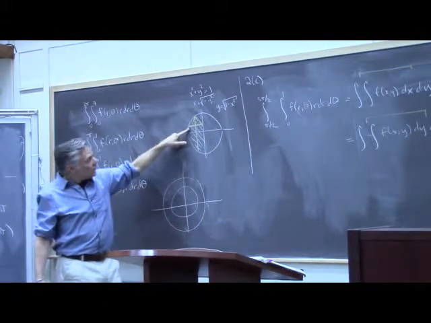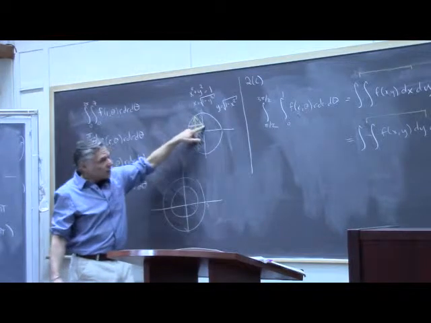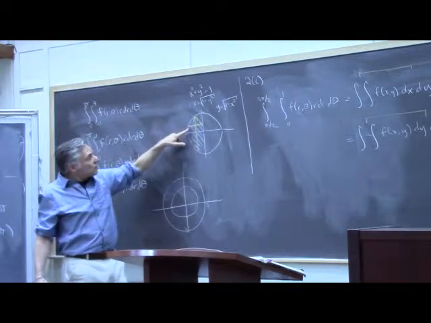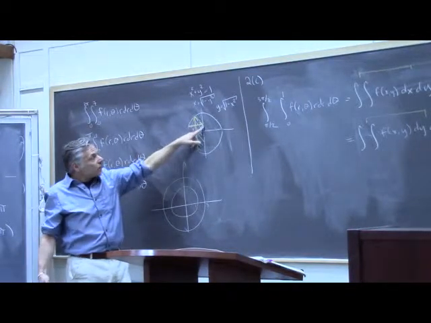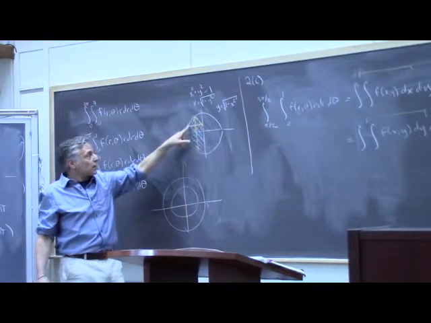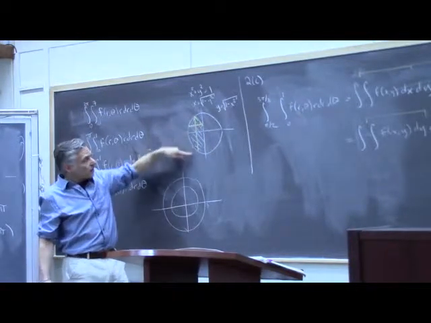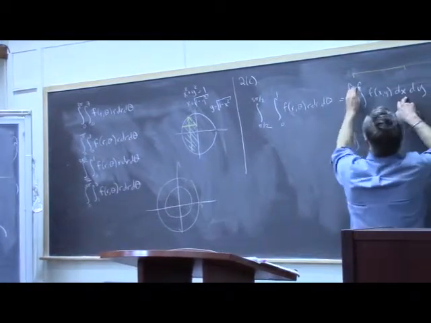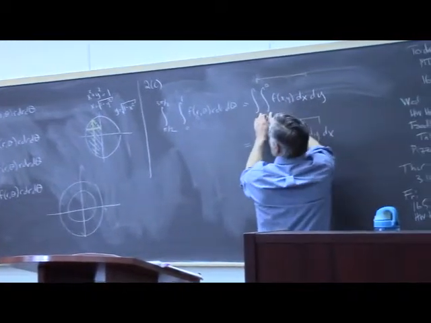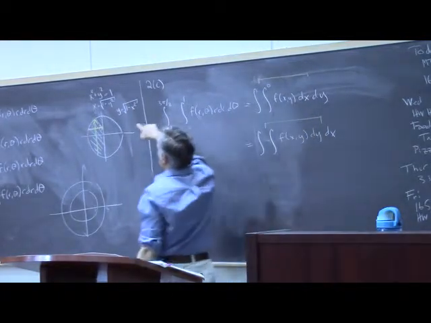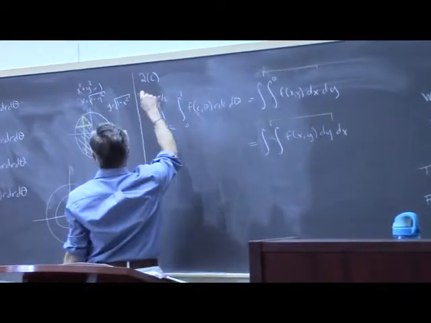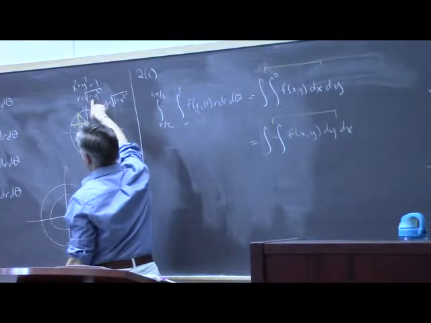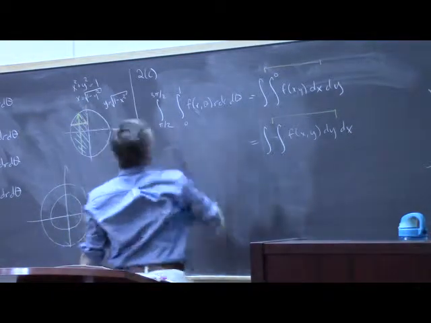So if I'm doing x first, I'm going to add up the rabbits in this direction. So then I'm always going to stop when I get to 0. But my lower limit is going to depend on y, what my altitude is. So my upper limit for this one is always 0. My lower limit depends on y, and so it'll be the negative root of that.